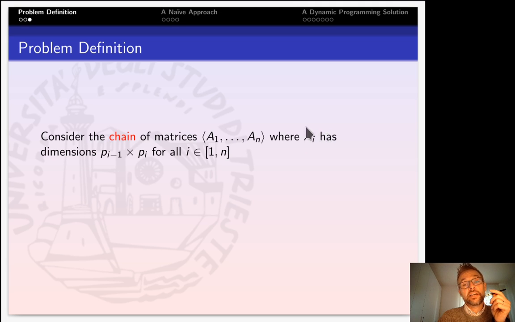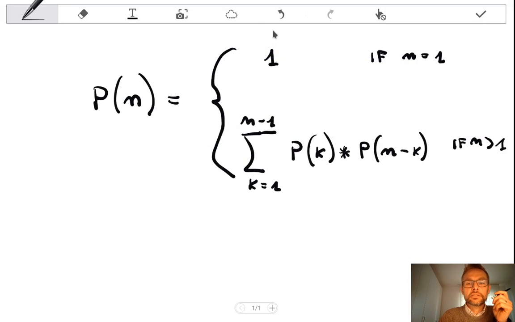So I can multiply A_i by A_{i+1}. This is by the definition of the problem, and this is it. So let me go to the tablet. Here we are, and the tablet is here.